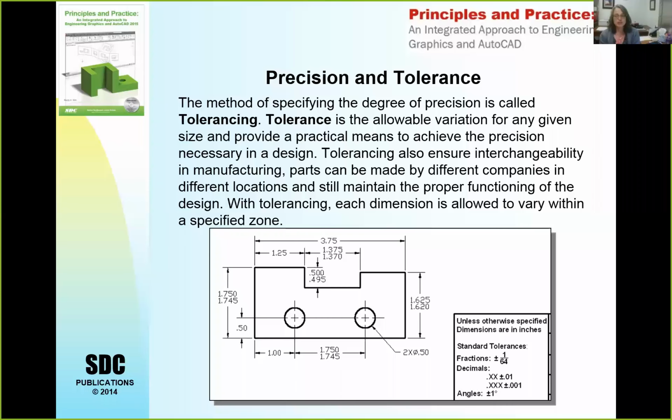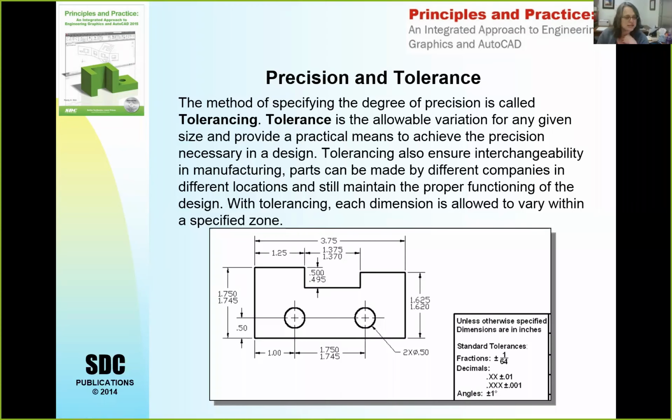What we want to understand is that tolerance is an indication of how precise the machining on the part needs to be. For example, in this part that we've got shown right here, there's a few pieces of this drawing that I want to talk to you about.